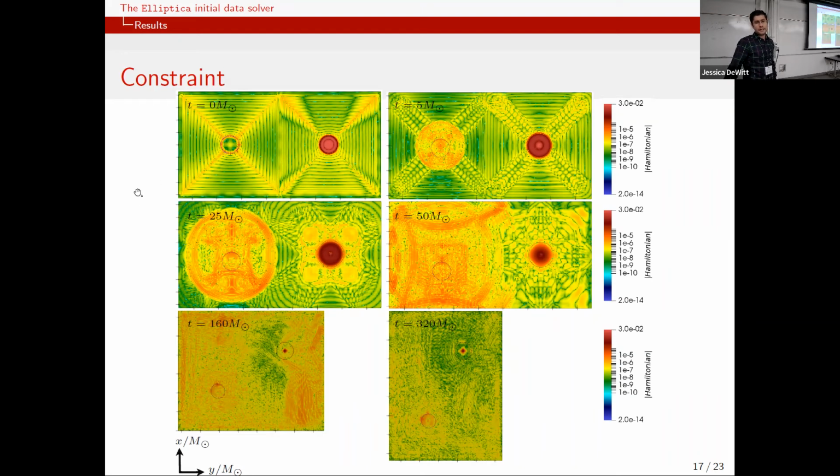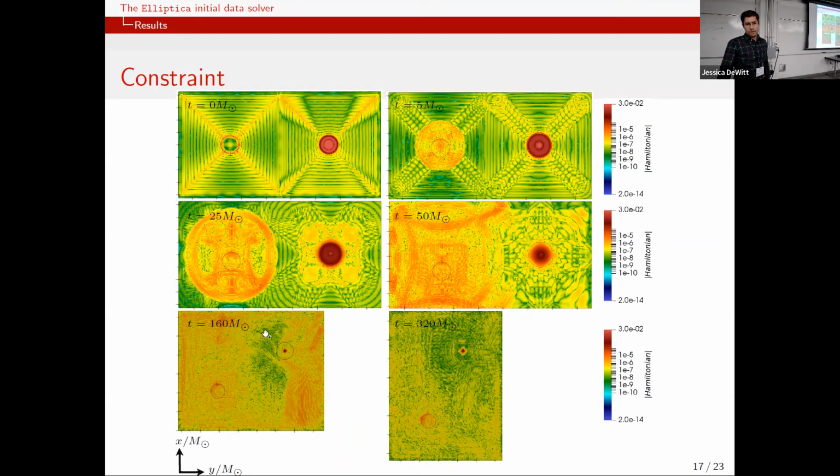What I want to say here is that we use this black hole filler and we observe this constraint propagating out of the black hole that we fill, and it is less than or comparable in magnitude to other violations that we have in the rest of the grid. In other words, this black hole filler is a good candidate to be used.